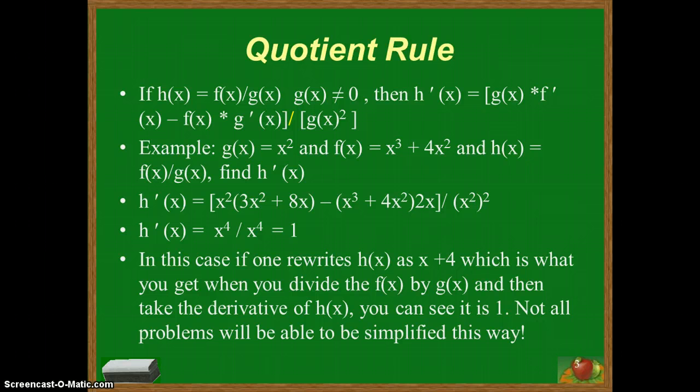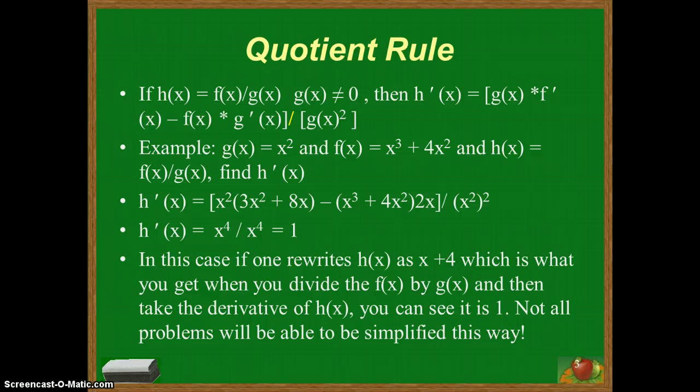This would simplify to x to the fourth over x to the fourth, which in this case equals 1. I would caution you that not all of these quotient rule problems will come out to be a constant. In this case, we just happen to choose one that does simplify to 1.